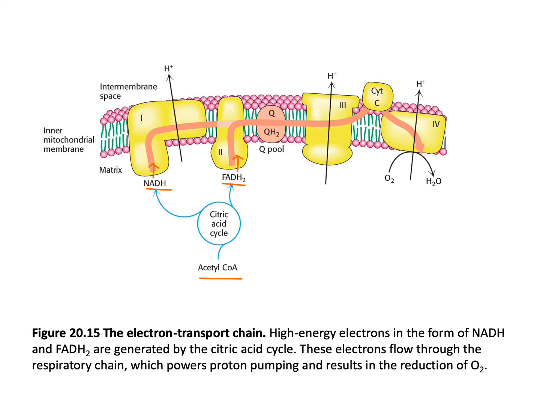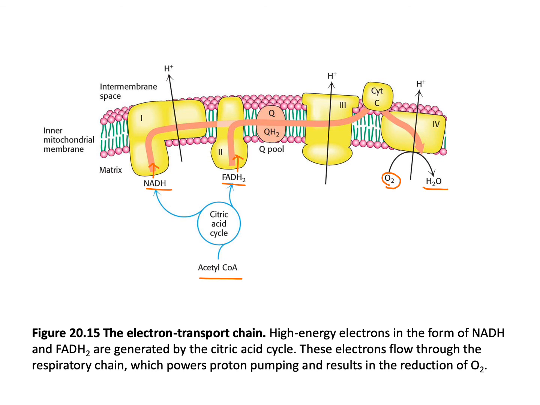The electrons flow down the transport chain and eventually, at the end of the chain, transfer the electrons to oxygen and reduce oxygen to water.